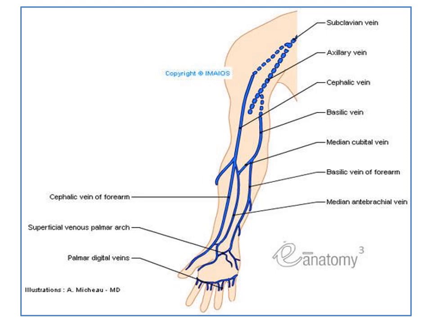This image shows everything we talked about in a nutshell with regards to the upper limb and venous drainage, starting with the venous arches. We can see some of the deep veins present in this image alongside the superficial veins. We can see the basilic vein, median cubital vein, the median antebrachial vein, the cephalic vein. We can also see some palmar arches, a deep palmar arch, superficial venous palmar arch, and then the palmar digital veins.